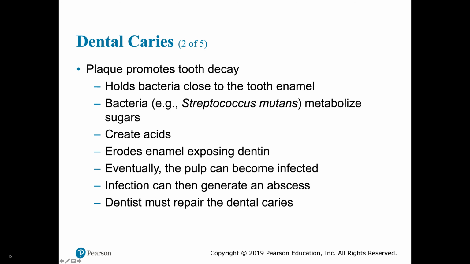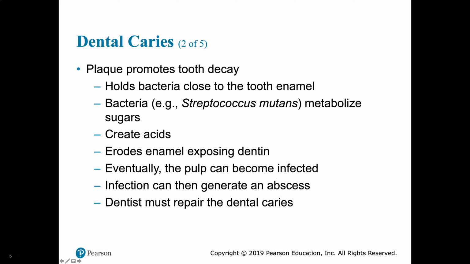Okay, so let's start with the teeth and work our way down the digestive system. Plaque promotes tooth decay. Basically, plaque is these layers, these biofilms of bacteria that attach to the tooth, and it holds it really, really tight.